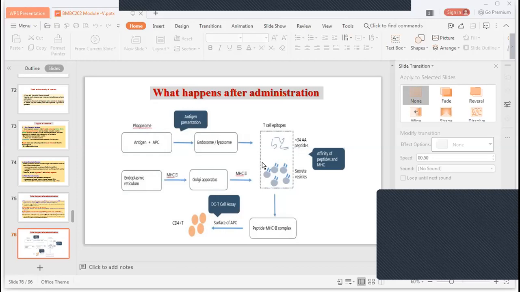And now this CD4 plus T lymphocyte, which is the helper T cell, will release cytokines, and the cytokines will induce the B cell to release antibodies and also memorize the event.